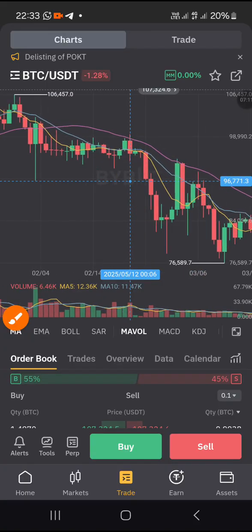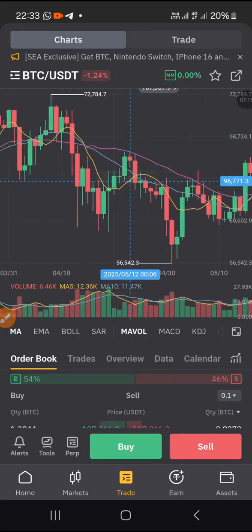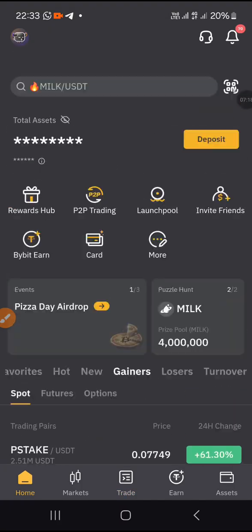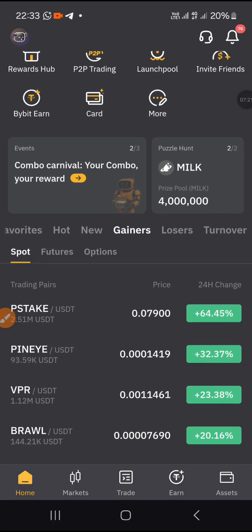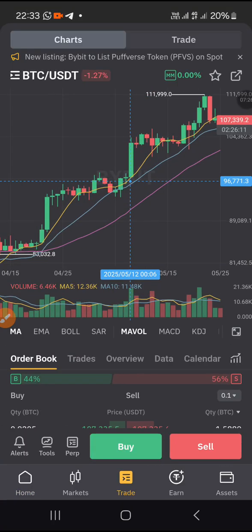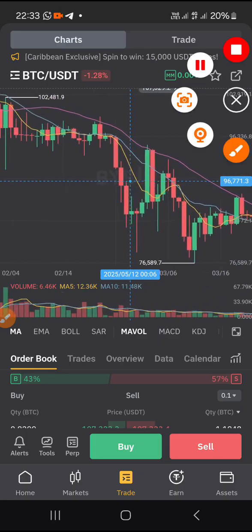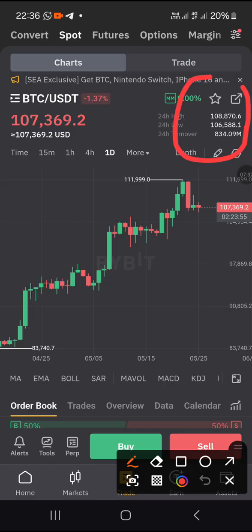So looking at the top right hand side here, you can see the 24 hours high, you can see the 24 hours low, you can see the 24 hours turnover.